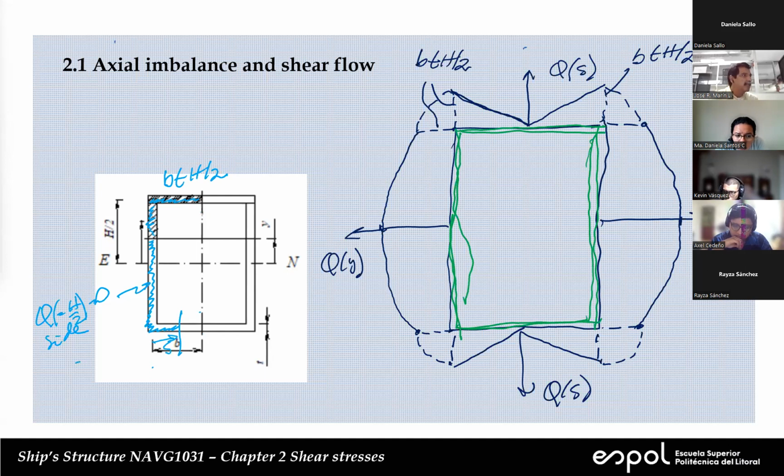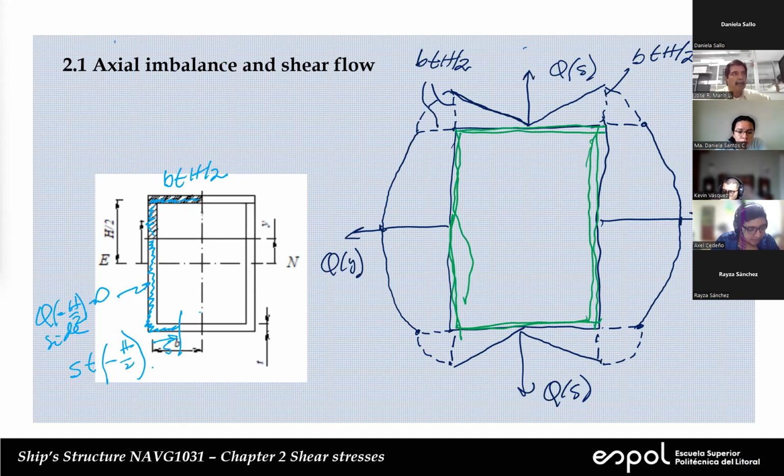It's going to be S times T. And the distance is going to be minus H over 2. So you add this plus 0 plus that, and you will get this line here. I don't know who asked the question, but did I answer your concern?